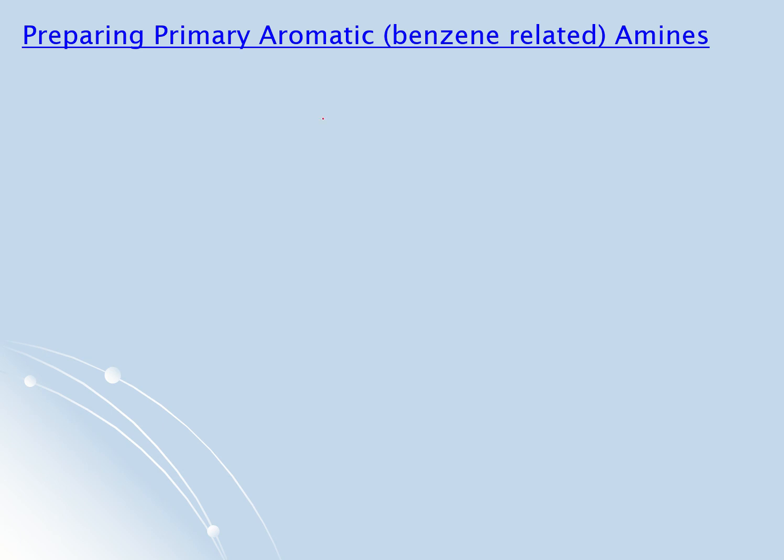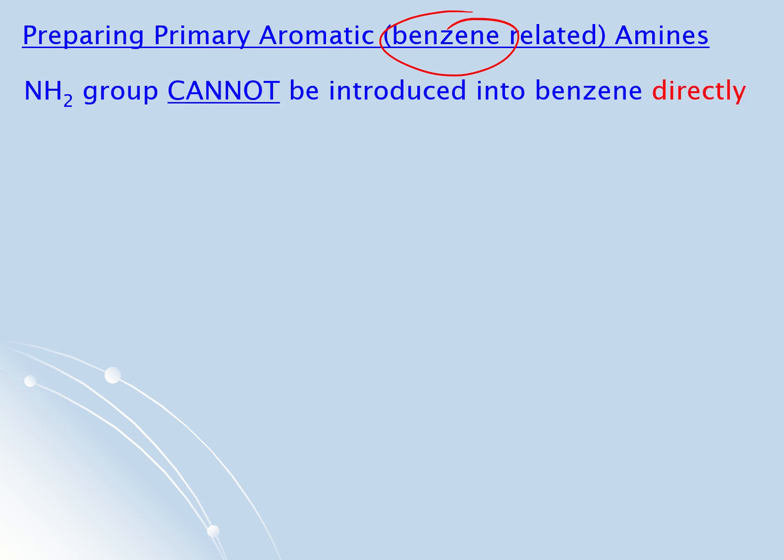Just to remind you, aromatic compounds are benzene related, so you'll have a benzene ring in these ones, whereas the aliphatic ones were straight chained or branched, but there was no benzene ring in them. Believe it or not, this is a different process altogether, so you need to be careful and read the question and make sure you know whether you're making an aliphatic or an aromatic amine.